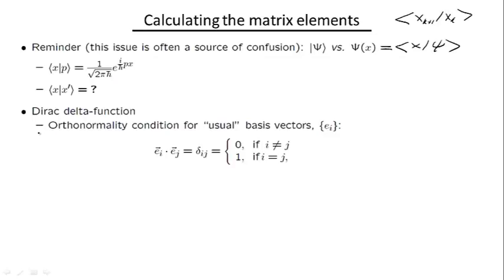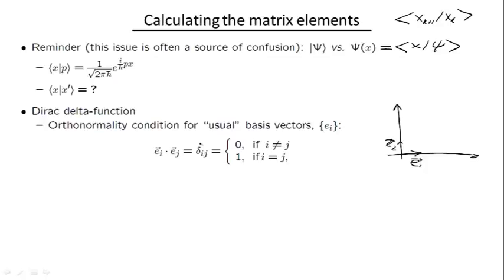Let's say we have a finite dimensional vector space with some Cartesian coordinate system and basis vectors e1, e2, e3, e4. The Cartesian coordinate system implies that the dot product of two basis vectors, e sub i and e sub j, is equal to 0 if they're different, which means they're orthogonal to each other, or equal to 1 if it is the same vector, which means that the norm of the vector is equal to 1.